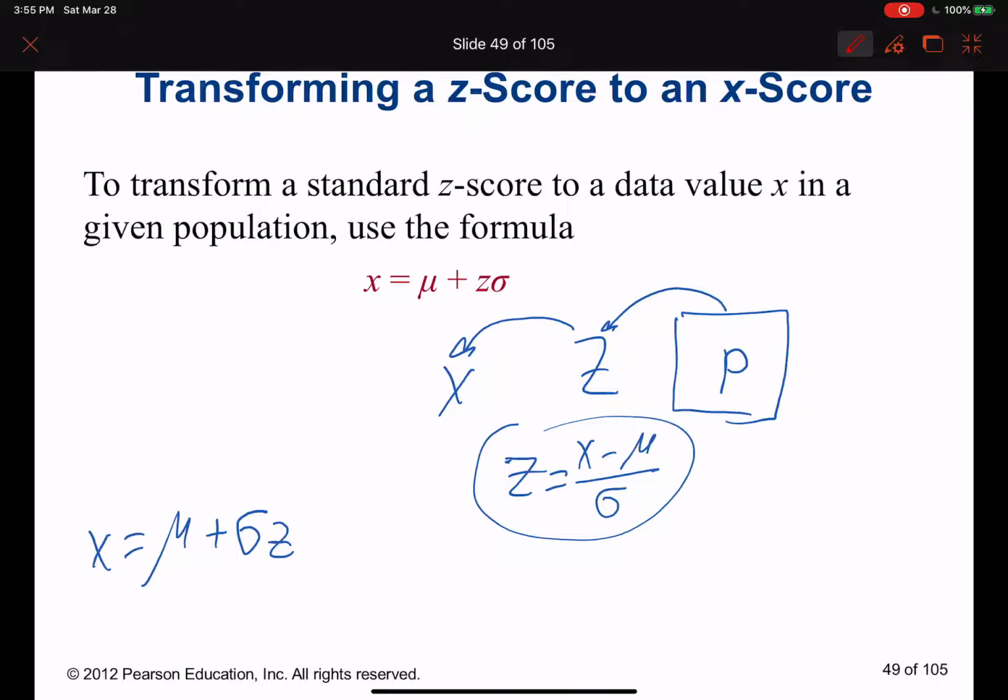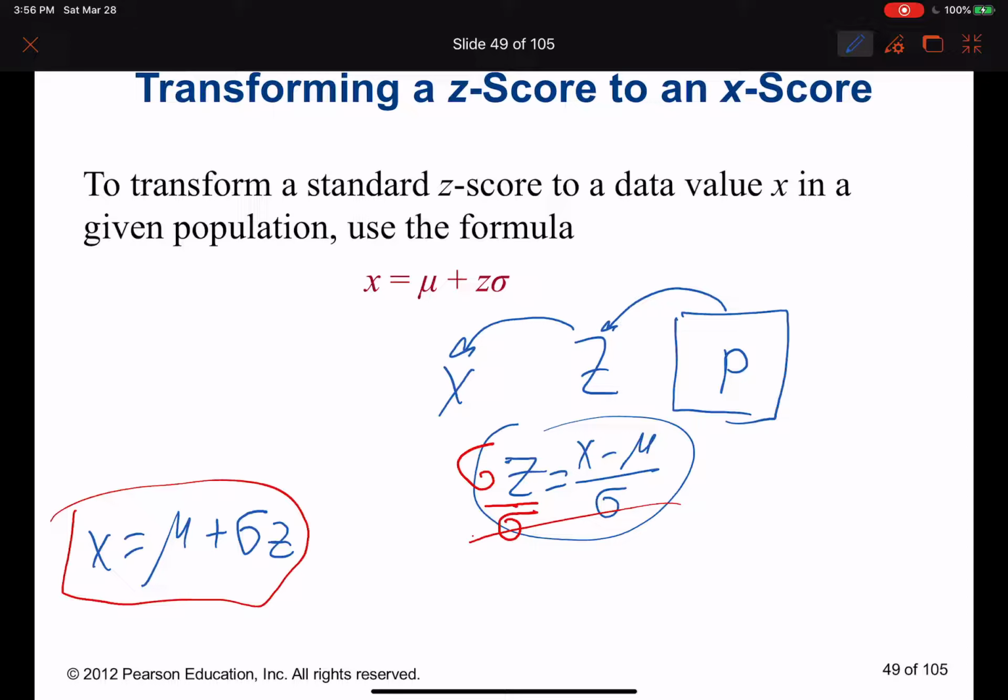Okay, so let me explain why x is equal to mu plus sigma z. First of all, here we're going back to algebra. Here we have an equation. To solve a rational equation, we need to bring it to a common denominator. The denominator here is sigma, so on this end also divide by sigma and multiply by sigma. Once the denominator is the same, I can drop it. Whoever is not interested in this algebra part, you can move ahead.